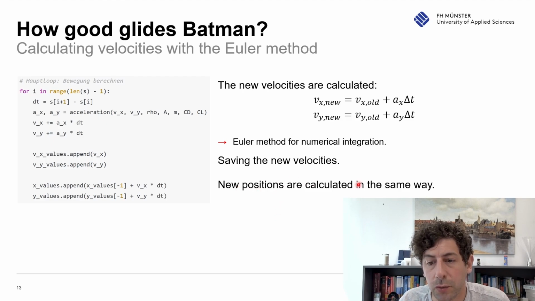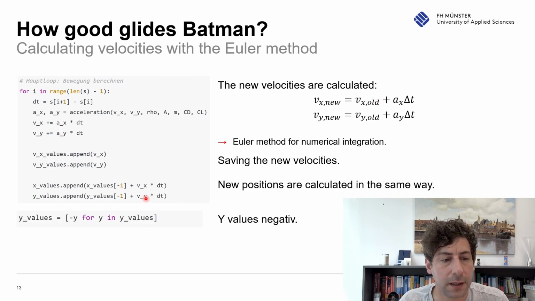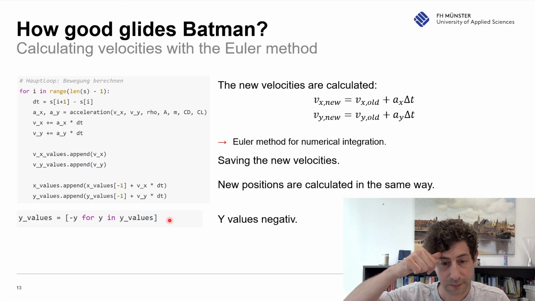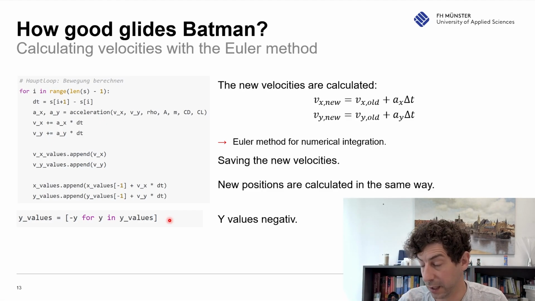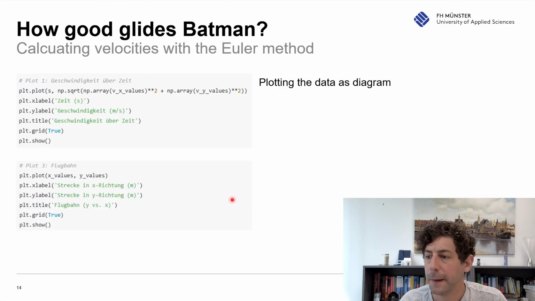We calculate the new positions basically in the same way, because if we integrate the velocity, we get the position. And so this is what happens here, right? So again, Euler method. And then we only need to negate the y values, because y is directed downwards, not upwards as regularly. So we have to negate the values.